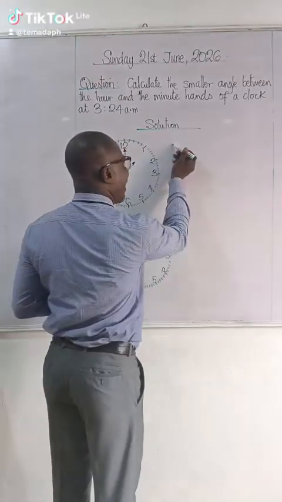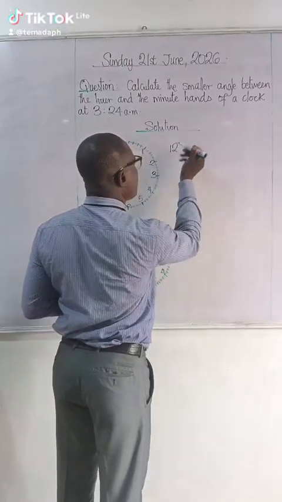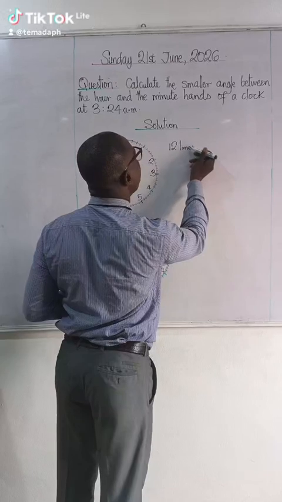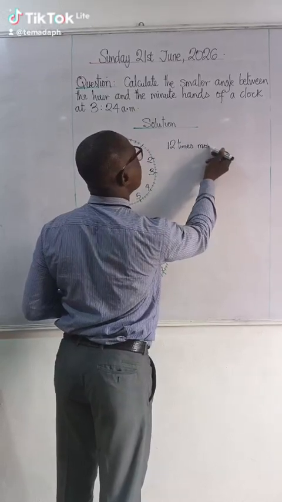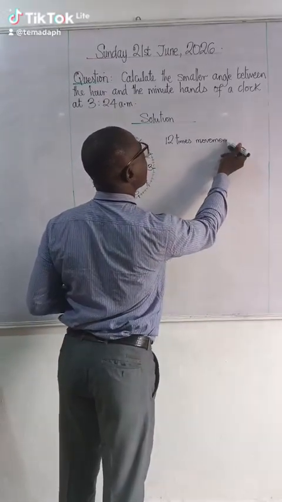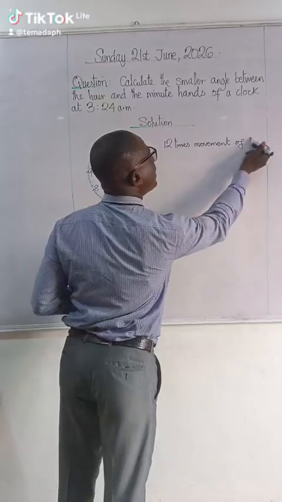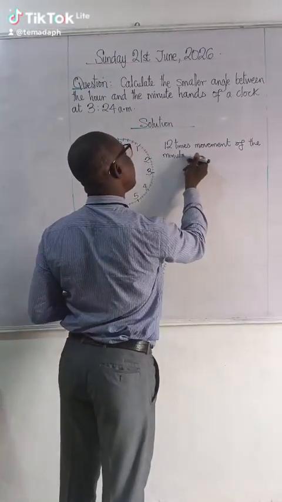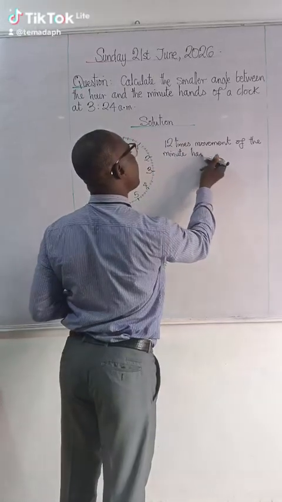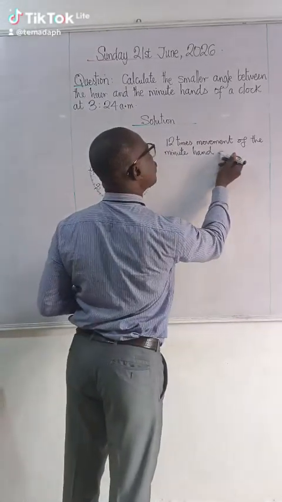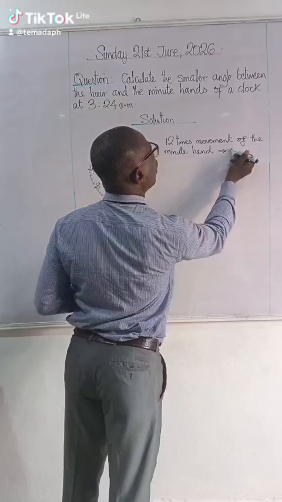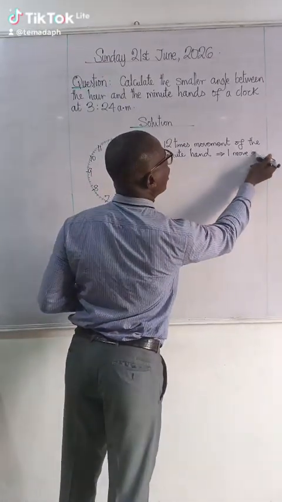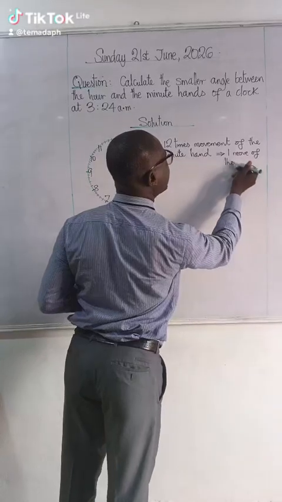So for every 12 movements of the minute hand, it results in one movement of the hour hand.